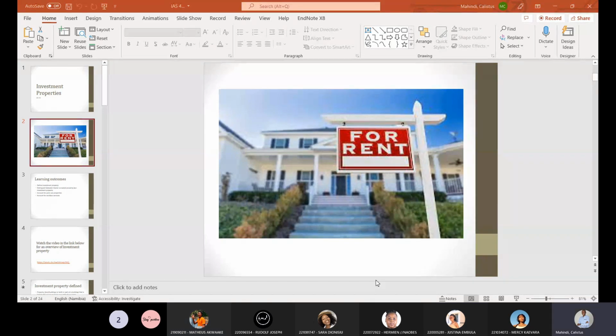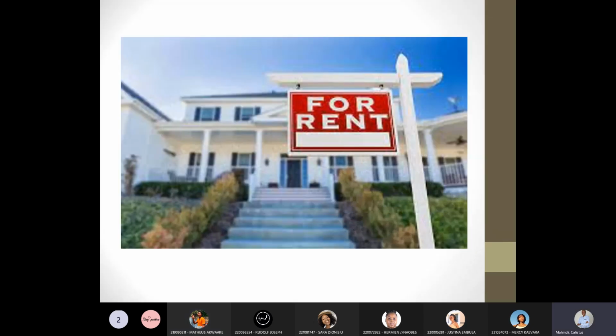Property. Okay. Property. What is the nature of the property?